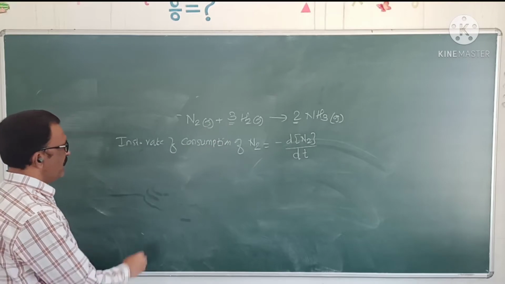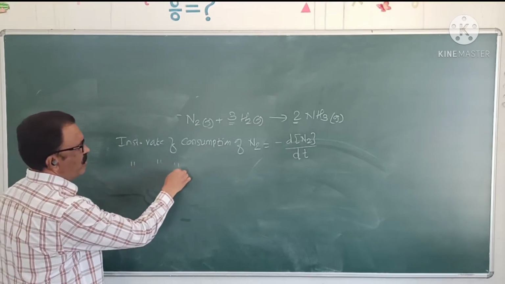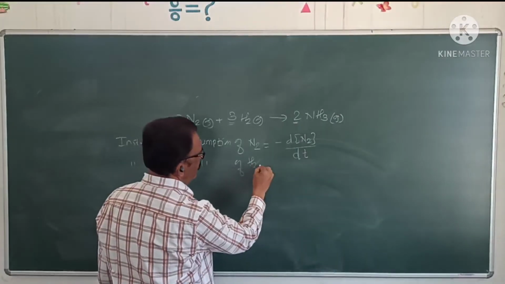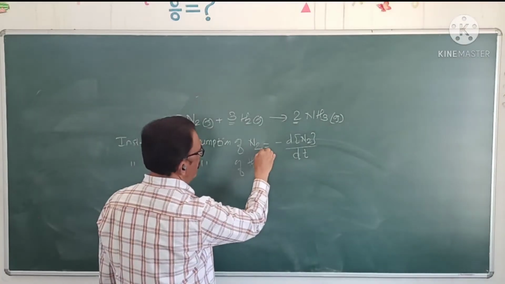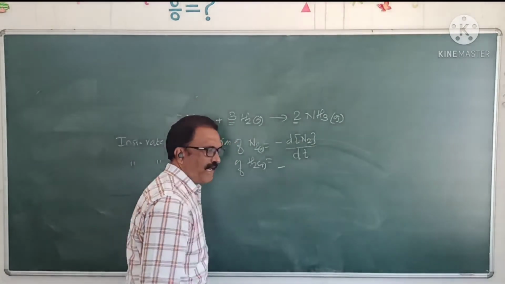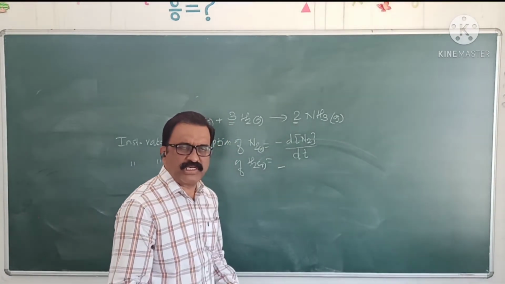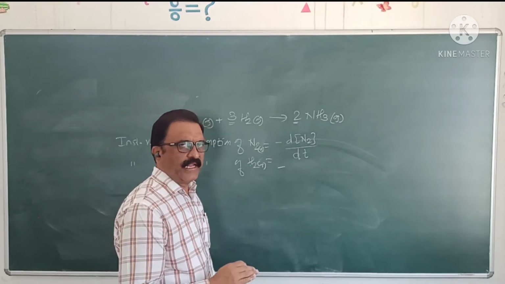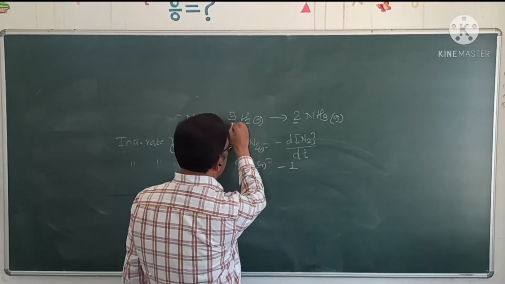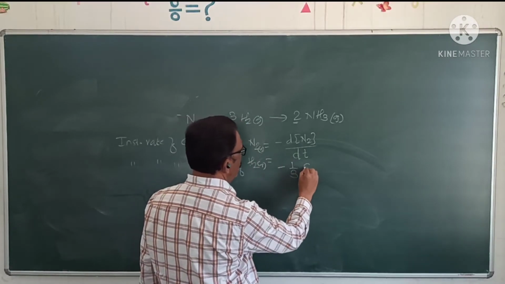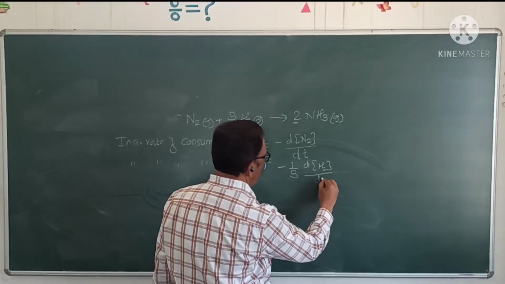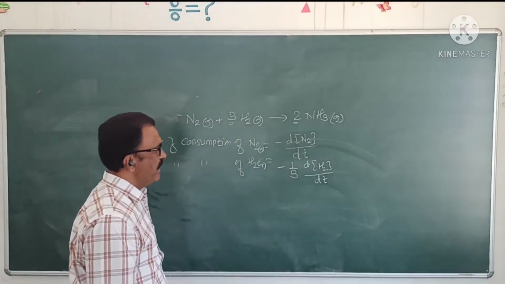Now, similarly, the instantaneous rate of consumption of another reactant, that is hydrogen, in the gaseous state is equal to minus, the minus indicating that the concentration of reactant goes on decreasing, 1 upon its coefficient 3 into the small change in concentration of hydrogen divided by the small change in time taken.